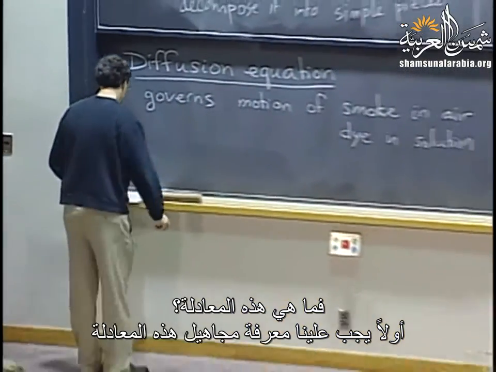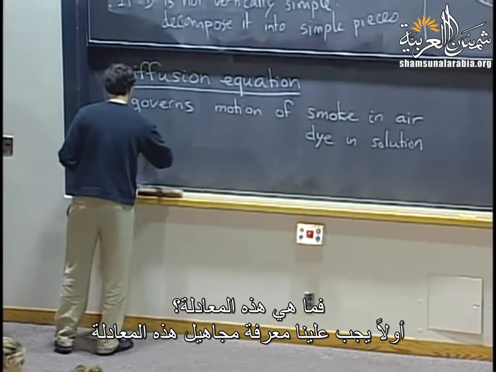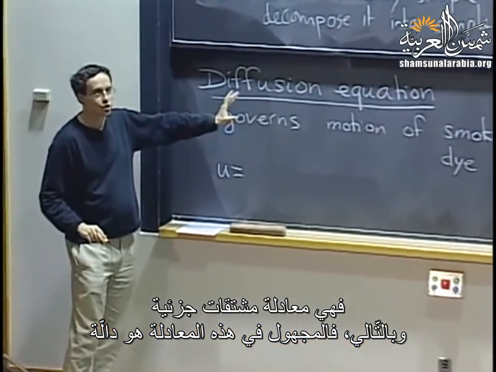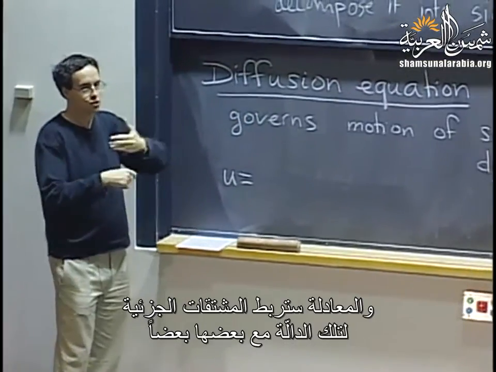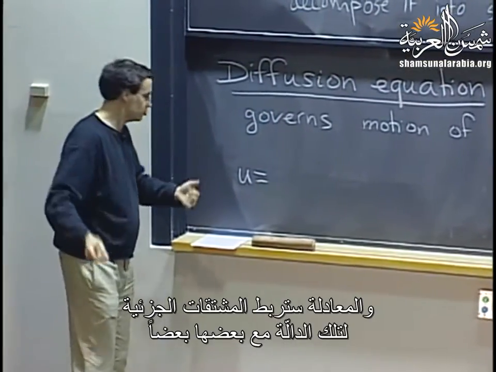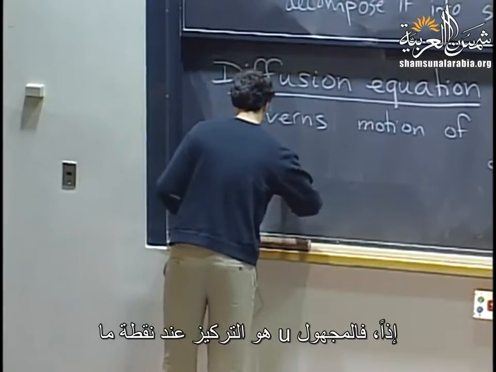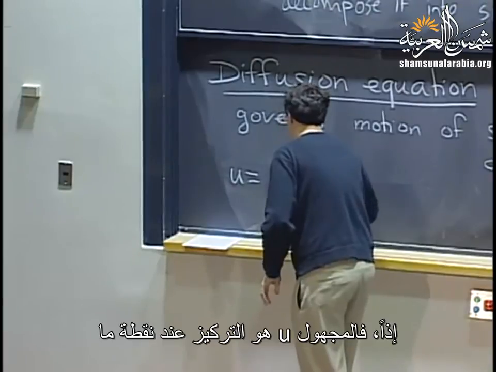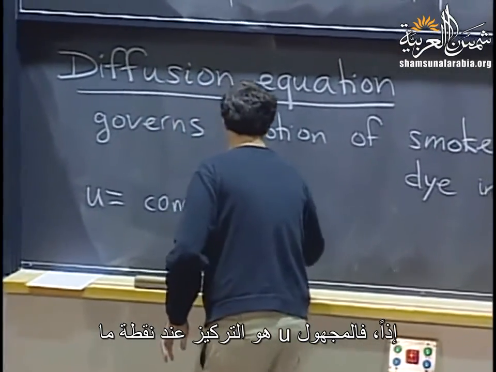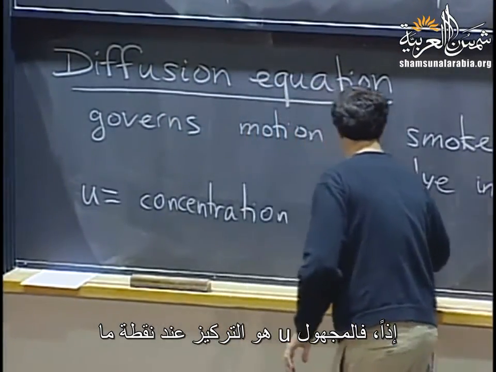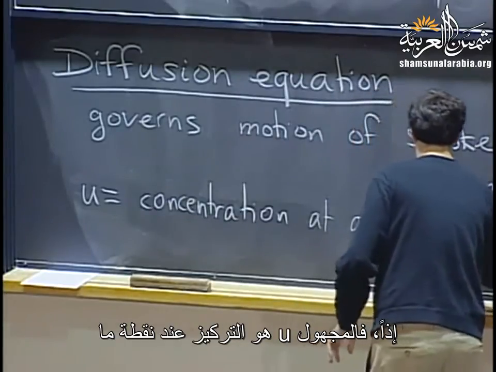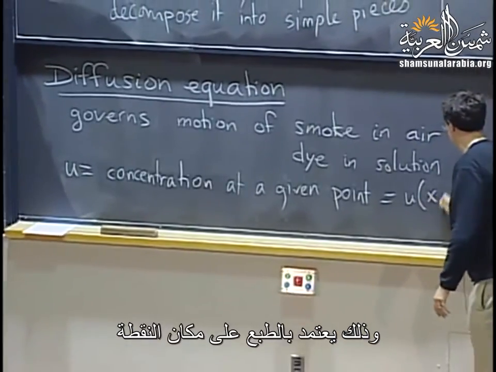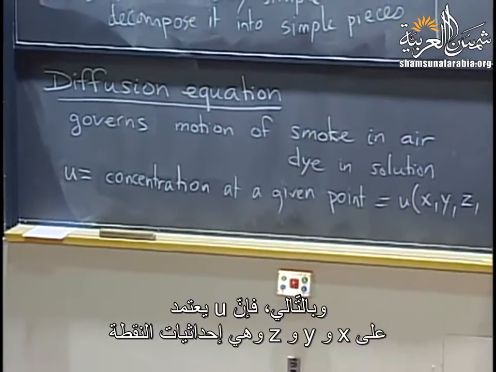So what's the equation? Well, we need first to know what the unknown will be. It's a partial differential equation. The unknown is a function, and the equation will relate the partial derivatives of that function to each other. So u, the unknown, will be the concentration at a given point. And of course, that depends on the point where you are, so it depends on x, y, z, the location.